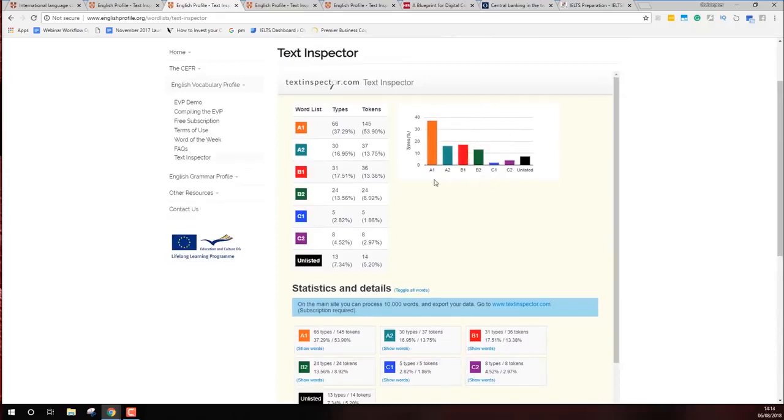If you look at my essay, nearly 40% A1, A2, like well over half of my words are A1, A2, the lower level words. 17% B1, B2, so 30% are kind of in the middle, and then the higher level words, just 6%.